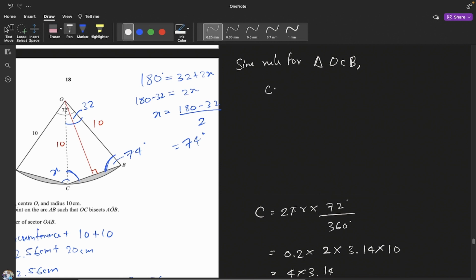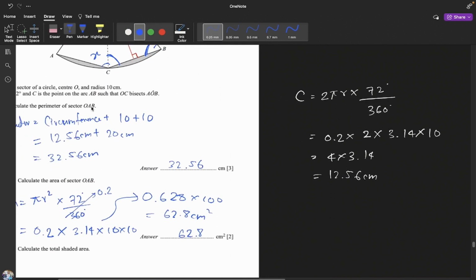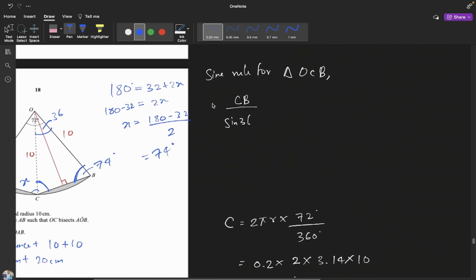CB over sine 36 equals OC over sine 72. CB we don't know, sine 36.